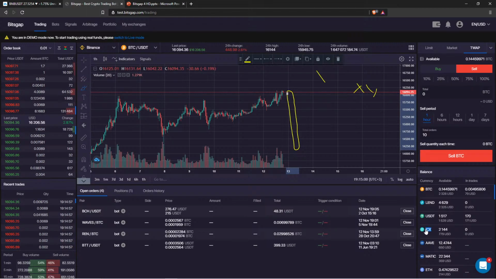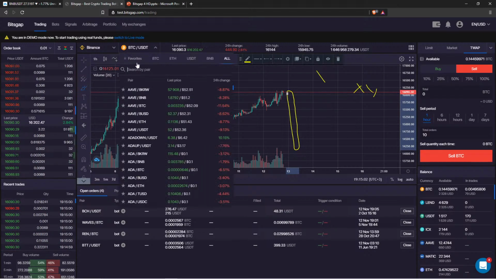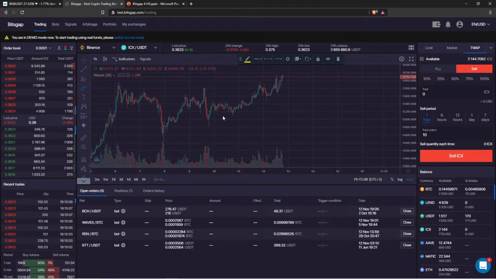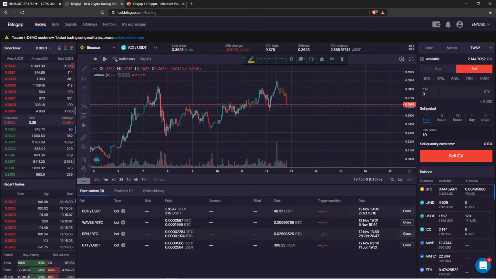And actually let's take icons in this case just to demonstrate how it works. So what the TVAP does is it creates smaller portions out of your total available balance. So here I have right now 2,144 icons in total. I don't want to sell this amount of icons all in one trade, all right? So I want to have a proportionate distribution by time.